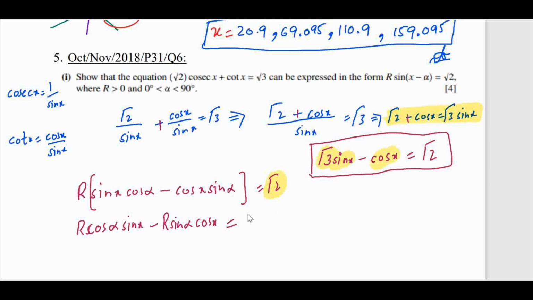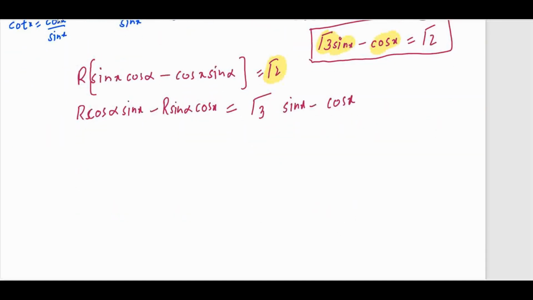So this will be equals to square root of 3 sine of x minus cos of x. Now after this we can compare the coefficients.